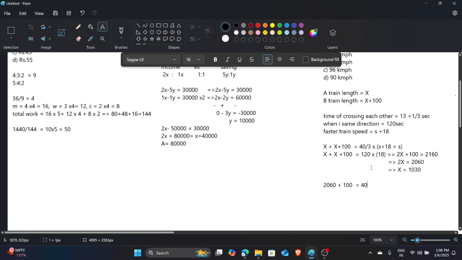Now we have to do something here only. So the 40 by 3 x, because x here means multiplication, the small x. So s plus x, again 2s plus 18.